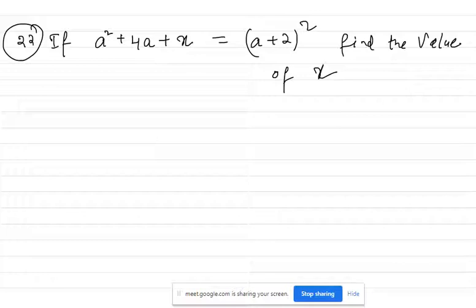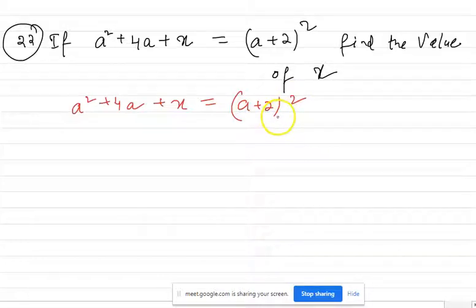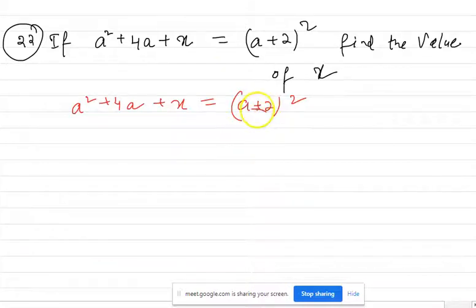This is given: a square plus 4a plus x is equal to a plus 2 whole square. Are you getting?